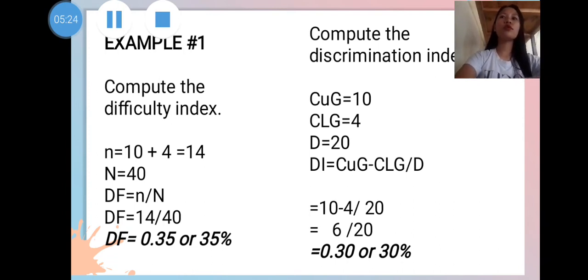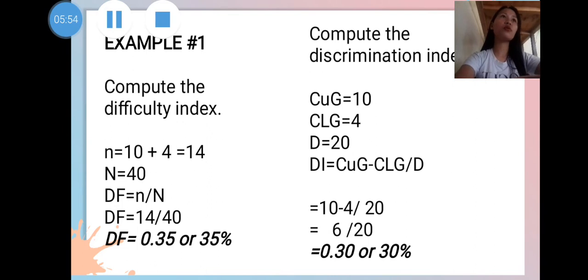Then we have to check the interpretation sa discrimination index. Do not interpret it basing on the difficulty index. So in our difficulty index, we have to really check the value, because in checking the value, we use our table for us to check kung ano yung interpretation, because the interpretation part is very important.